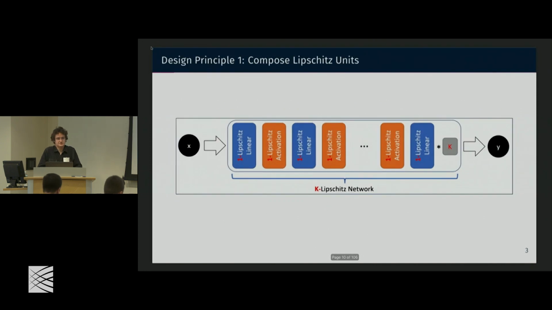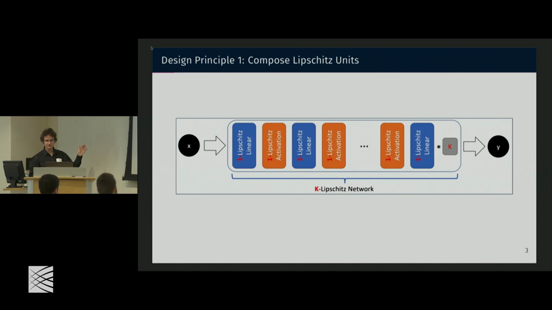All right. Probably the first step most of us would take when trying to tackle this challenge would be to exploit the composition property of Lipschitz functions. As Roger said, if you have two functions f and g that are 1-Lipschitz, then f of g is going to remain 1-Lipschitz.